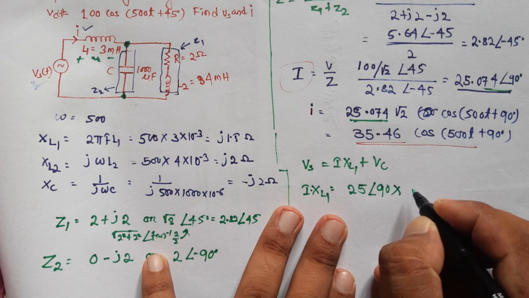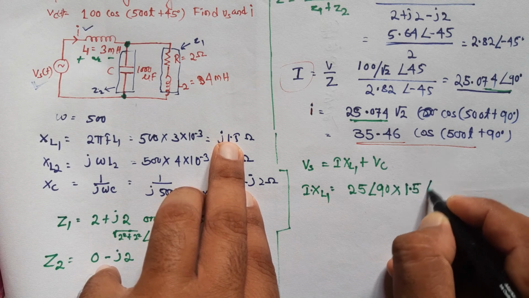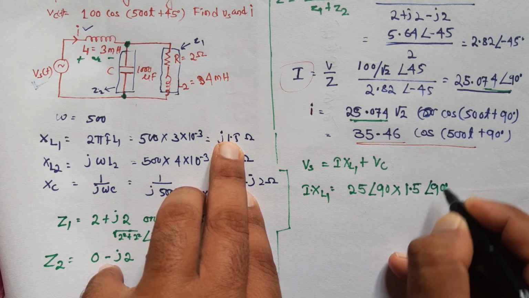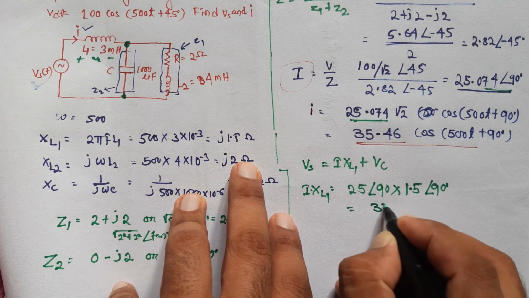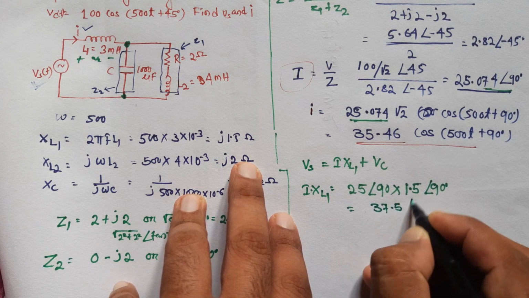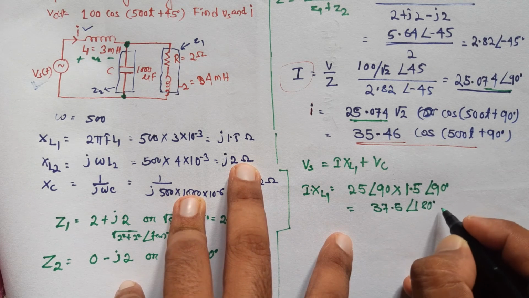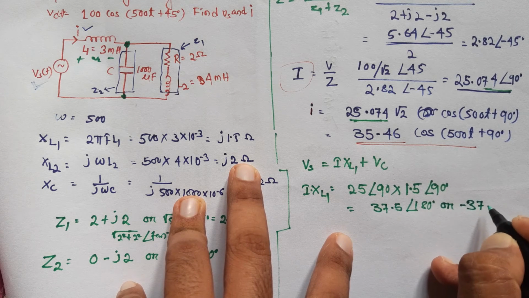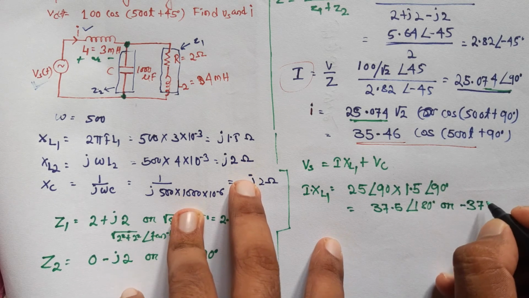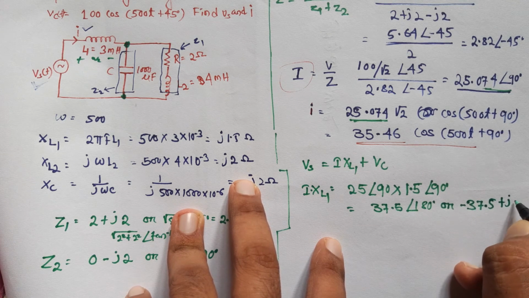XL we know is 1.5 angle 90 degrees. So we got this value as 37.5 angle 180, which is the polar form. Converting to rectangular, it is minus 37.5 plus J0.